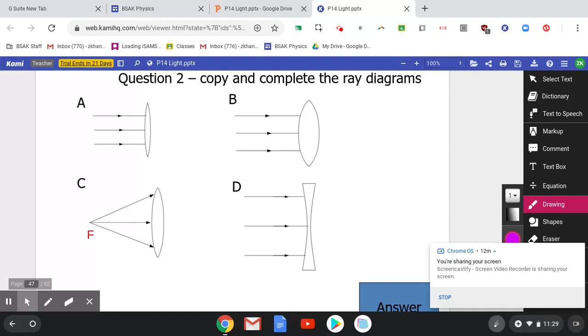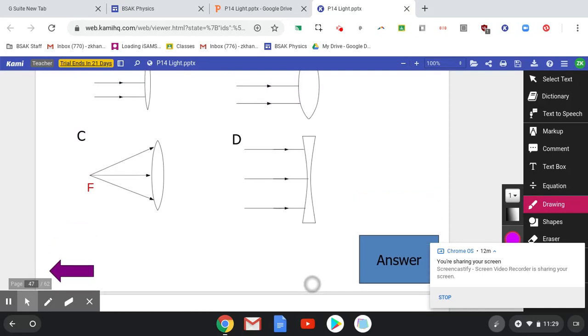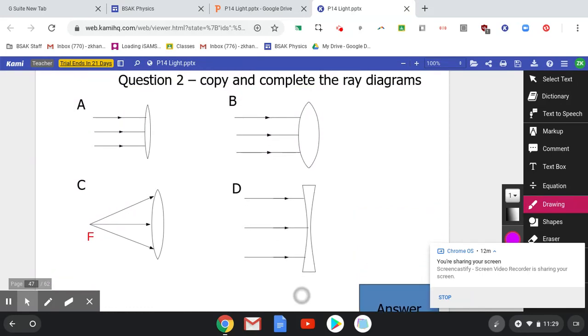And here we've got rays coming in parallel, entering a concave lens. Now pause the video, have a go.